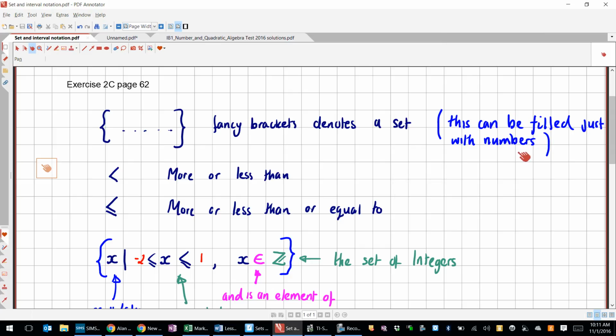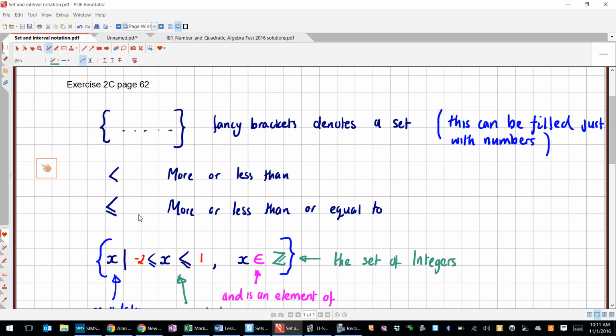Now I'm pretty sure you've seen this before. So it could either have just a list of numbers or it can have interval notation. So the more or less than, or the more than or equal to, or less than or equal to. You recognise that notation? Are you happy with that? Or would you like to go through those at all?